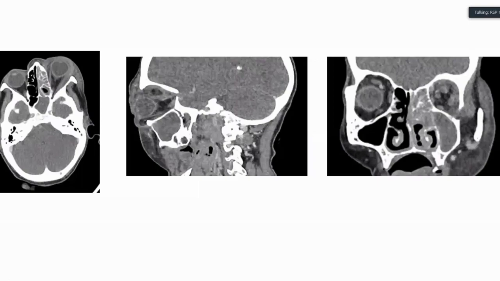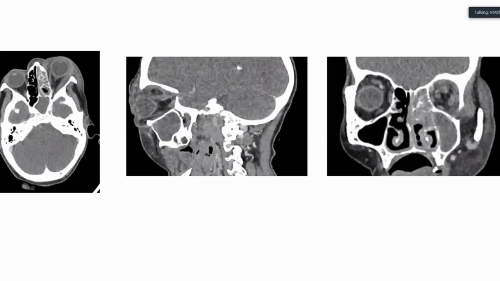And there is erosion of the left orbital bone. So it is looking to me like an aggressive lesion, an aggressive inflammatory lesion. The left maxillary sinus is also almost completely opacified.